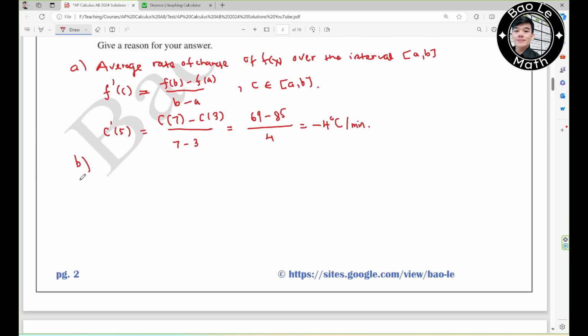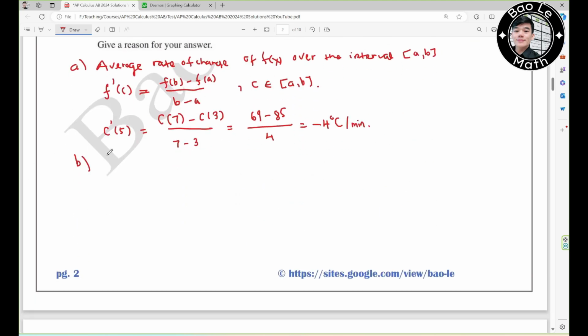Alright, so the integral from 0 to 12 of C of t dt equals (3 minus 0) times f of 0 plus (7 minus 3) times f of 3 plus (12 minus 7) times f of 7.